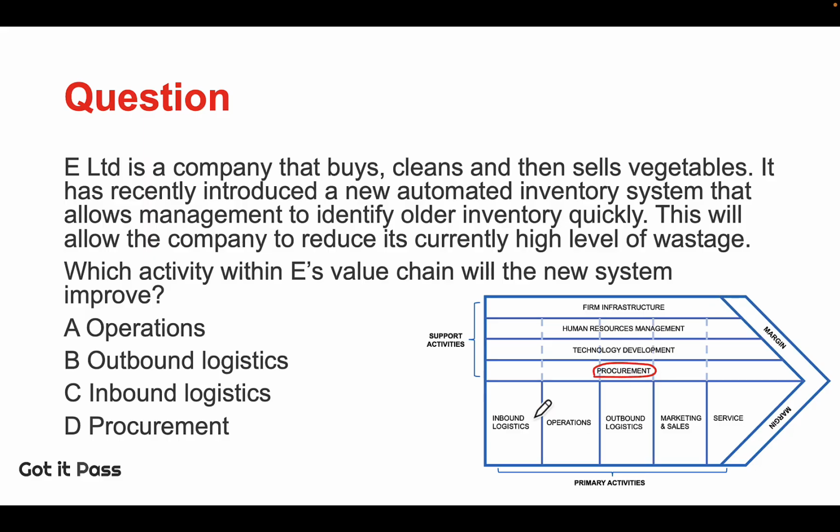Option D, inbound logistics. Option C, outbound logistics. Option B, operations, option A. So for these questions, we discussed the inventory system in this class as well. So I think you can answer this question if you remember what we discussed before.